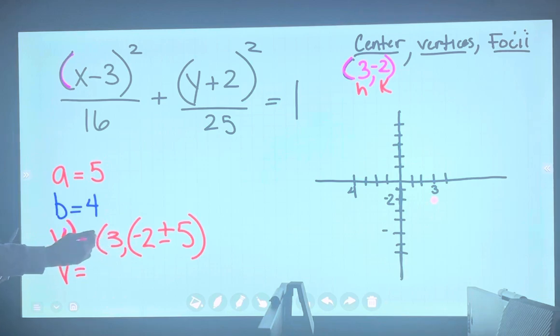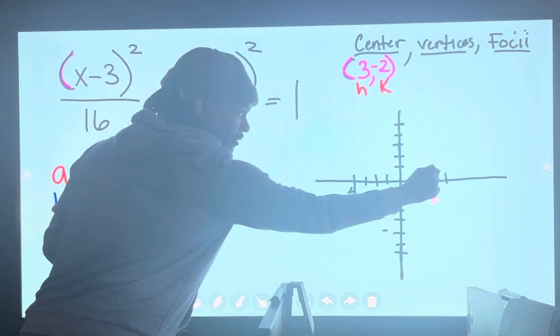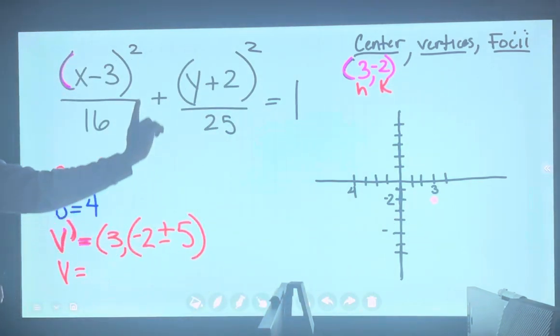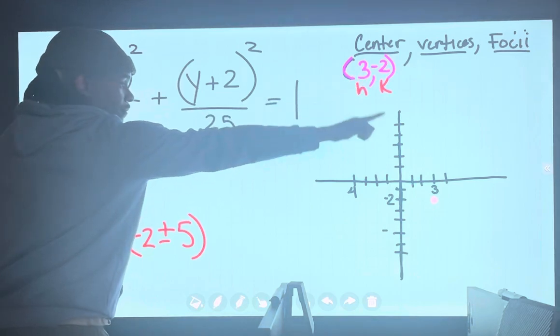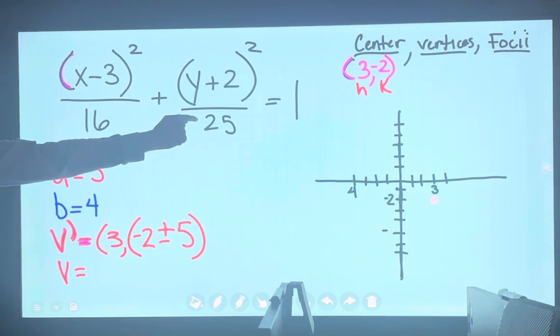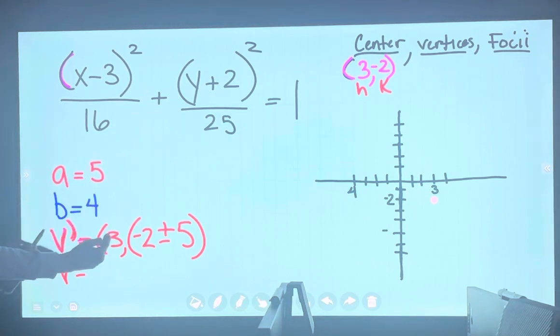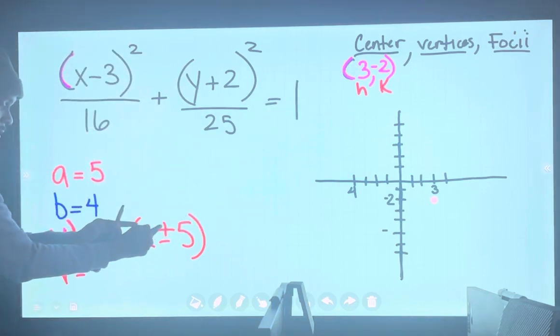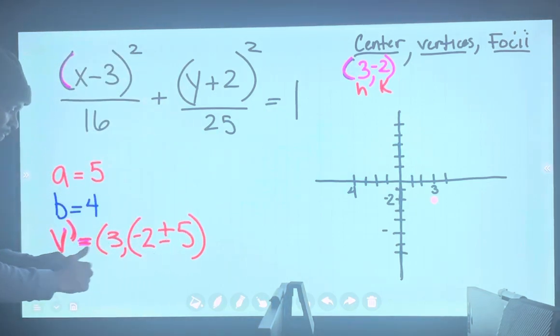So your x will still be the same because you still fall on the x-axis, but you have to see how much further up and how much further down you go. You take the -2 from the center and add it to your major vertex, which we just said was 5. So it becomes 3, -2, but you plus 5 and subtract 5.